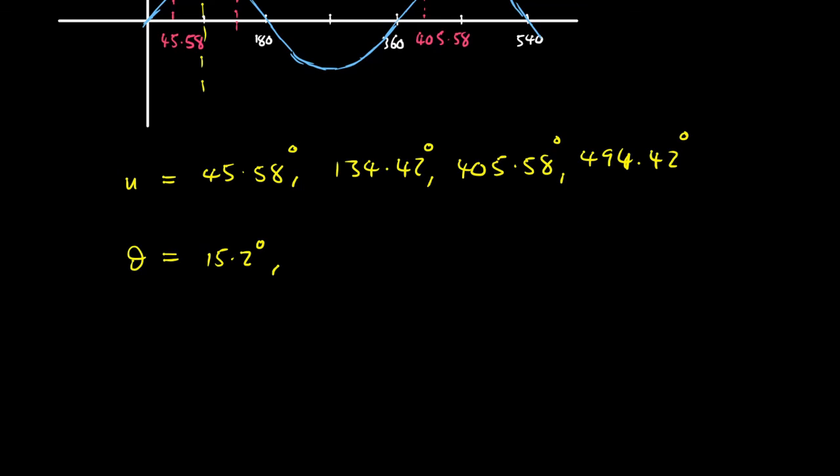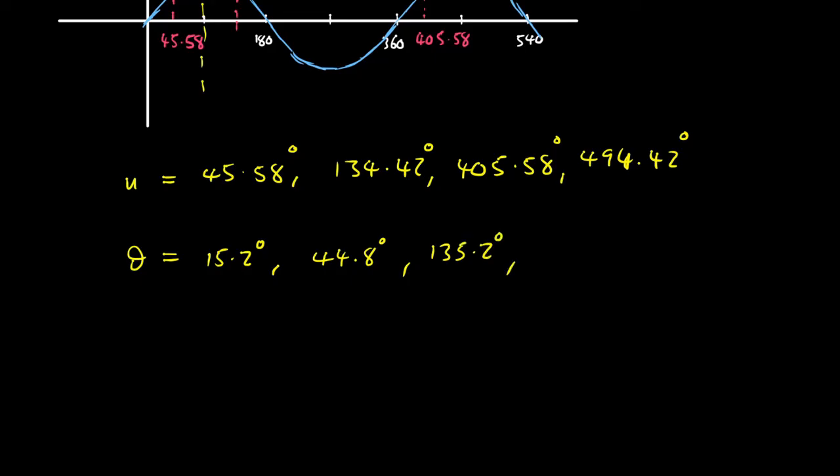134.42 divided by 3 is 44.8 degrees. 405.58 divided by 3 is 135.2.